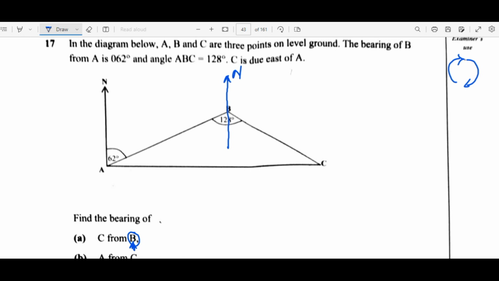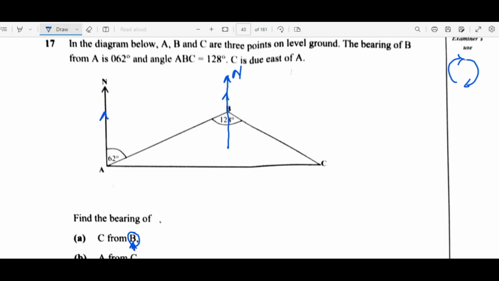Remember, this line and this one, these two are parallel. So we can now form that principle where we say if this is angle X, then this is angle Y. These two angles must add up to 180. That's the reason why I said you need to have those principles when dealing with angles.